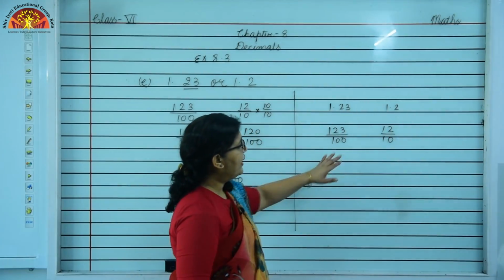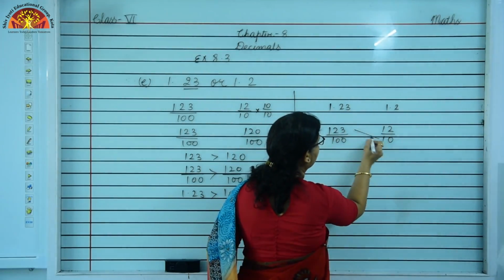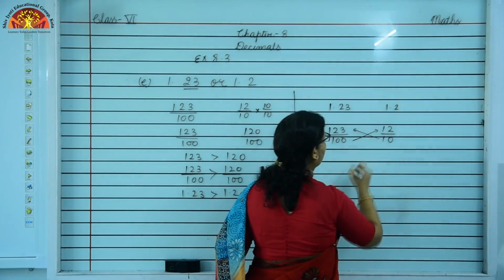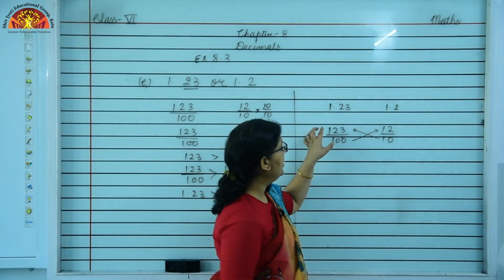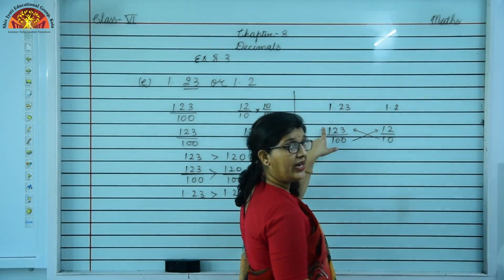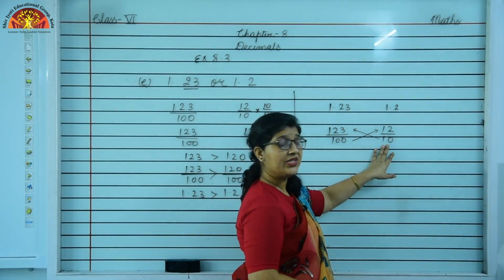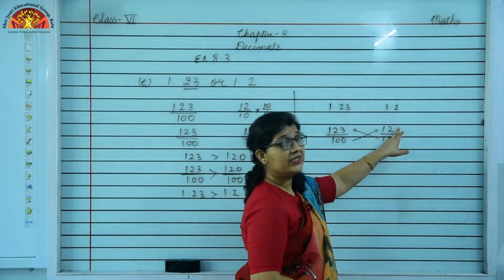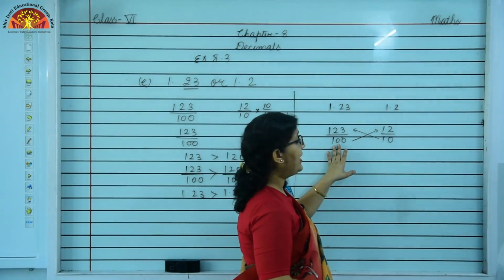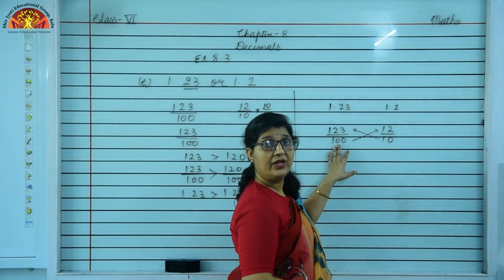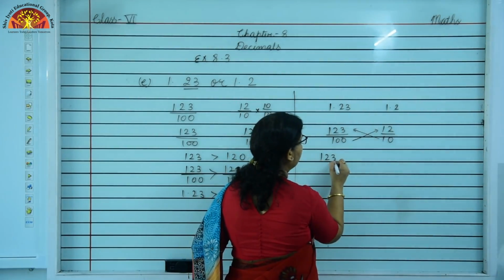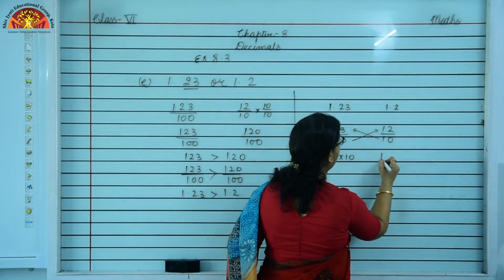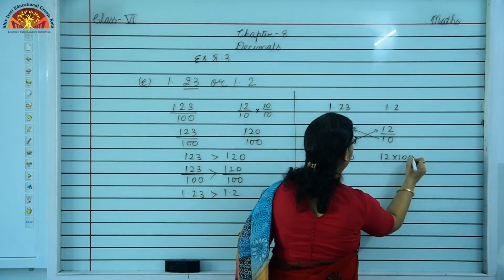Now by cross multiplication, you know, in the cross multiplication we multiply numerator of the first fraction by denominator of the second fraction and numerator of the second fraction multiplied by denominator of the first fraction.